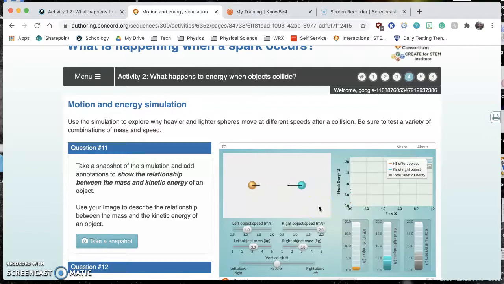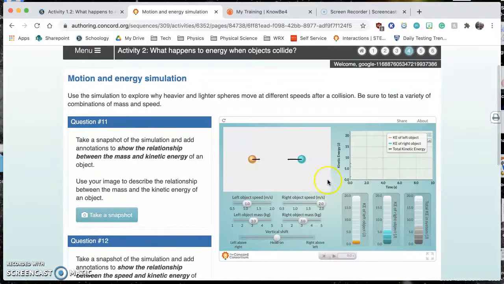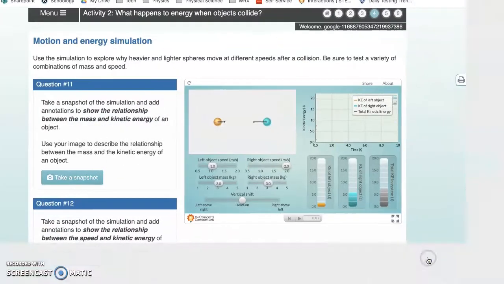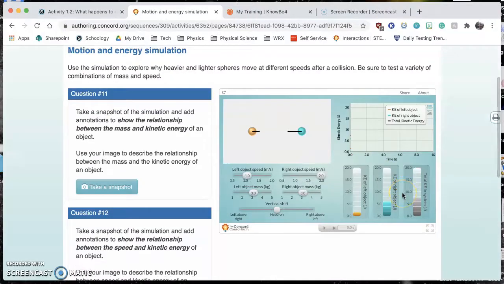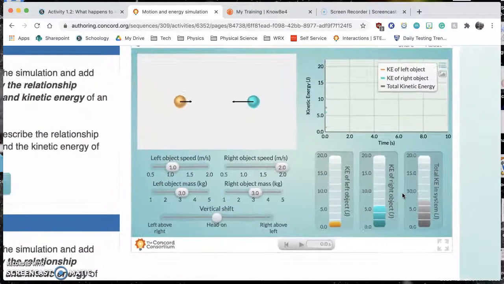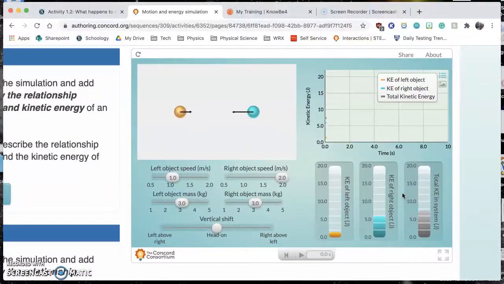Could sort of serve as a replacement, and these simulations are going to help you with the checks for understanding and things like that. So just a quick overview of what we've got here.